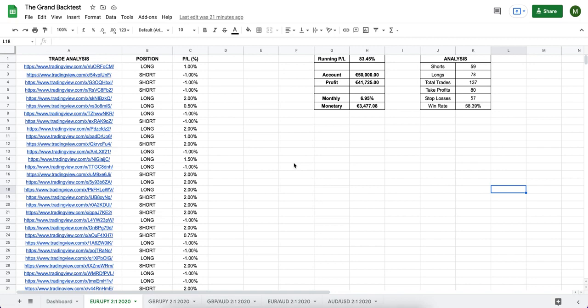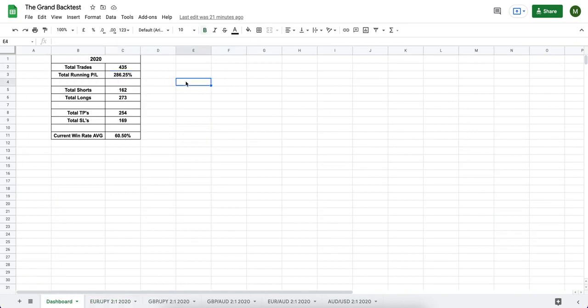And also keep in mind that this number would be way higher if we compounded the capital. So let's say you start with 50k and then you leave the money in all the time, so the lot sizes would grow with each trade as well, and you would be making even more money in terms of percentages and of course money itself.